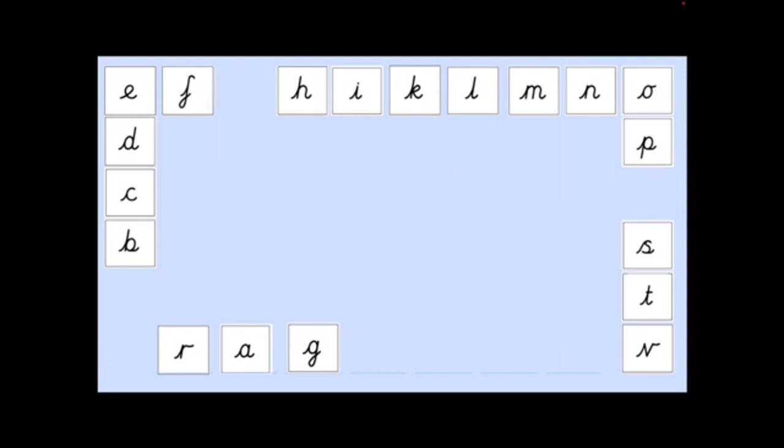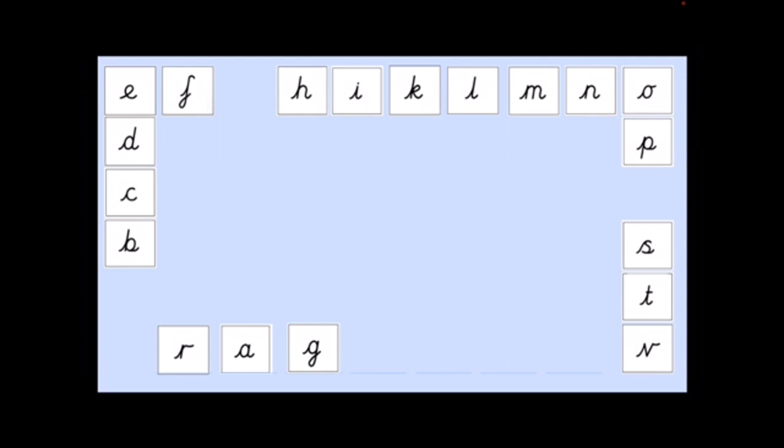So look at the letters and have a think about which words you would like to make when we finish this wee introduction, because we're going to be thinking about suffixes as well.